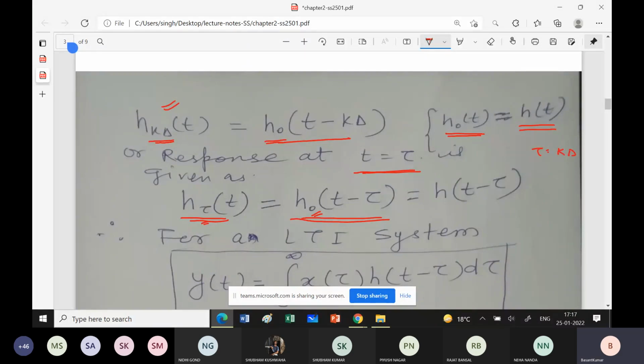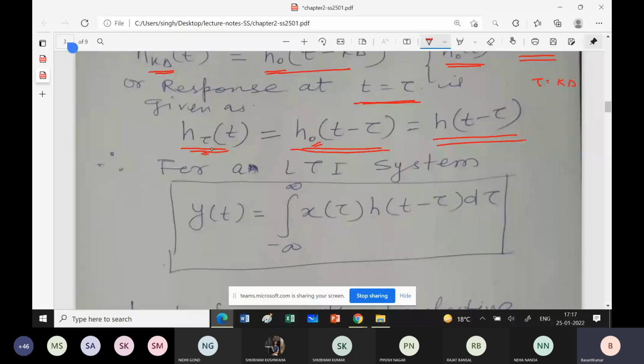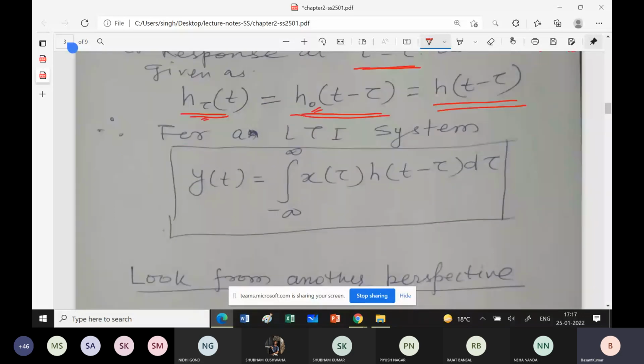So that is a shifted version of the response that you get at t equal to 0. Having understood that, because of the property of time invariance, the response is not changing. Only the scale of the response will be changing depending upon the scale of the input pulse.